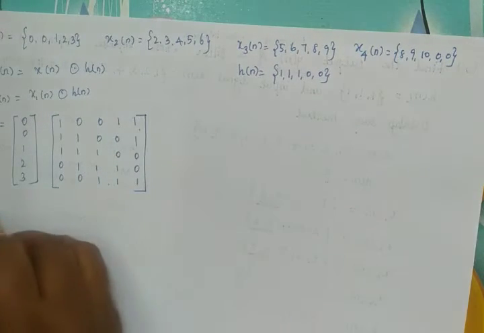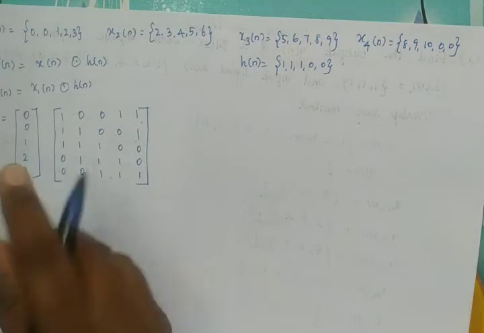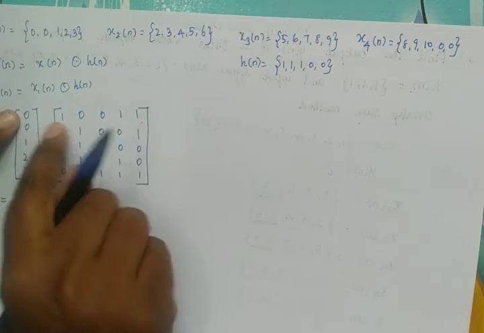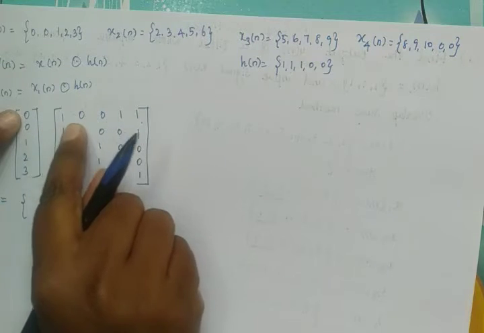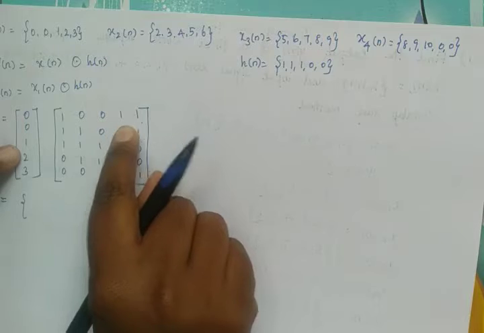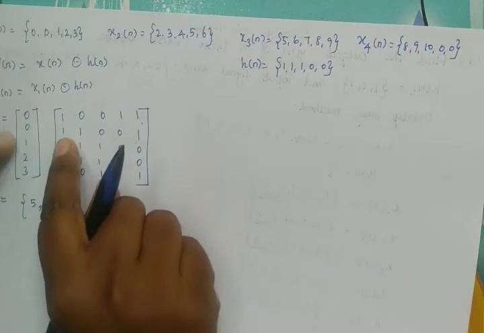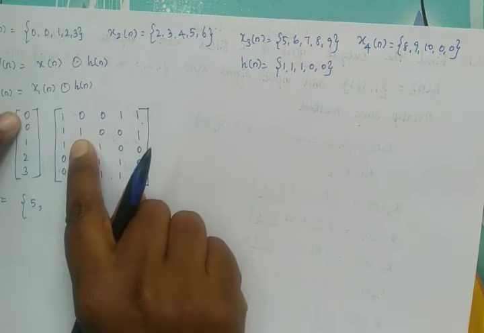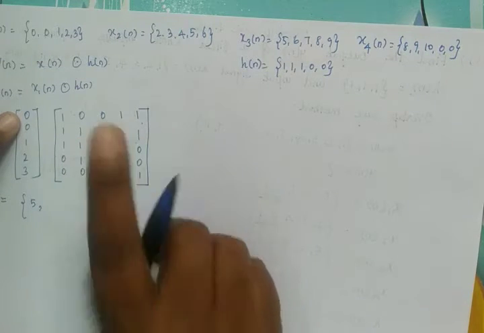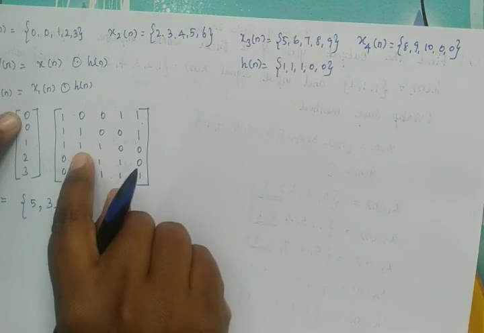Now what we have to do is just perform the matrix multiplication. If you perform matrix multiplication, just check here. Here we have 0 plus 0 plus 0 plus, here we have 2 plus 3. So 2 plus 3 is 5. Then for the second, 0 plus 0 plus 0 plus 0 plus 3. So here it is 3. Then the third one, here 0, 0.